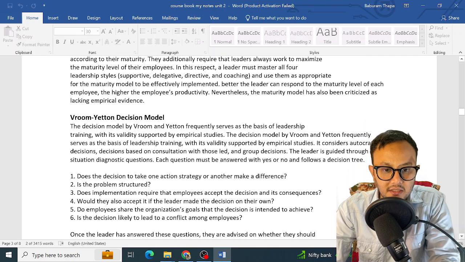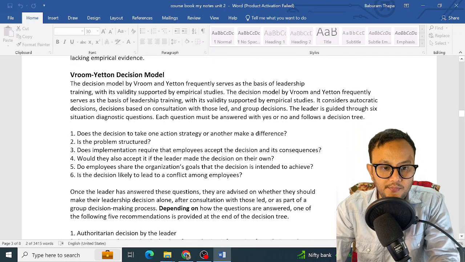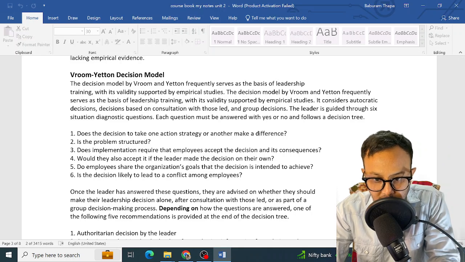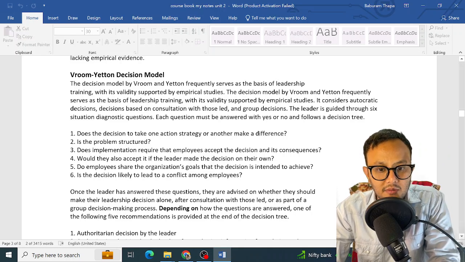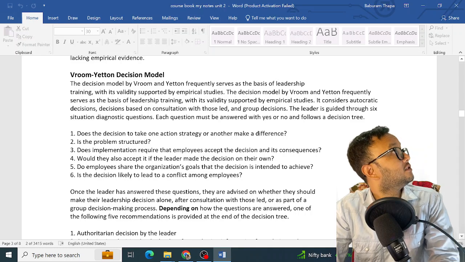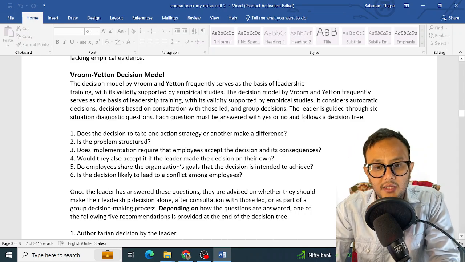So, the Vroom-Yetton decision model. The decision model by Vroom and Yetton frequently serves as the basis of leadership training, with its validity supported by empirical studies.